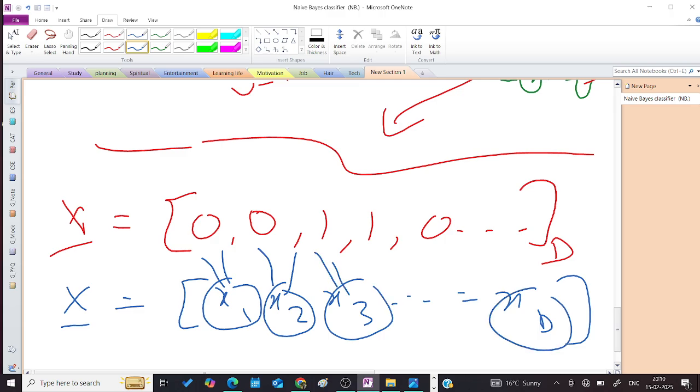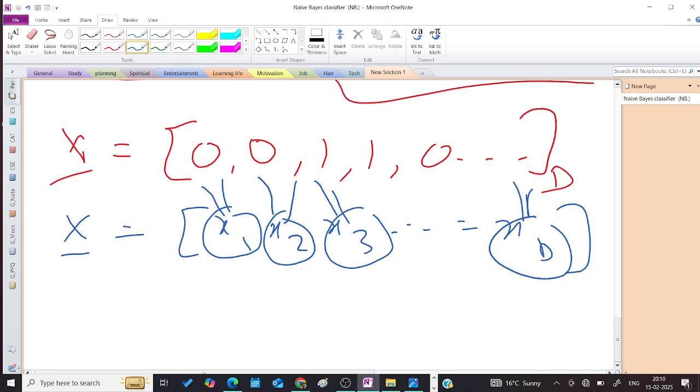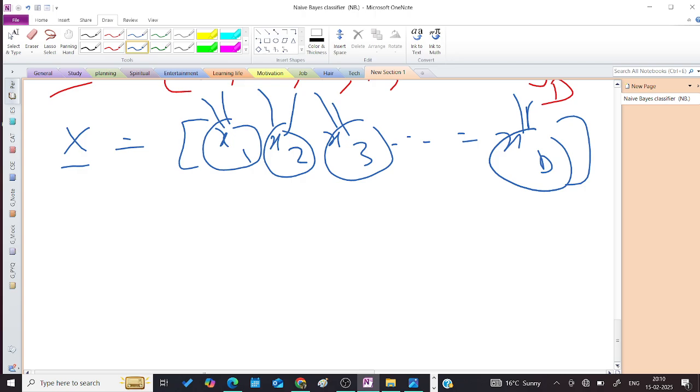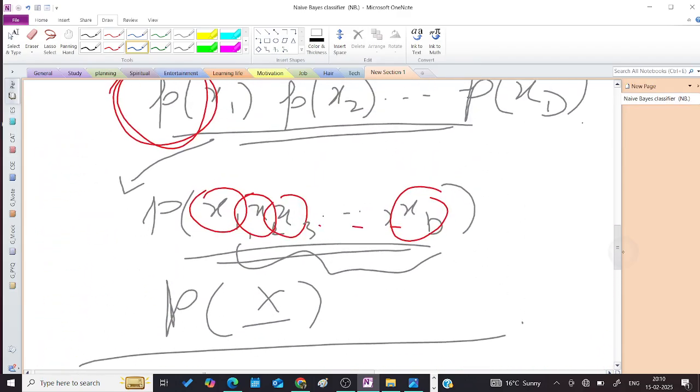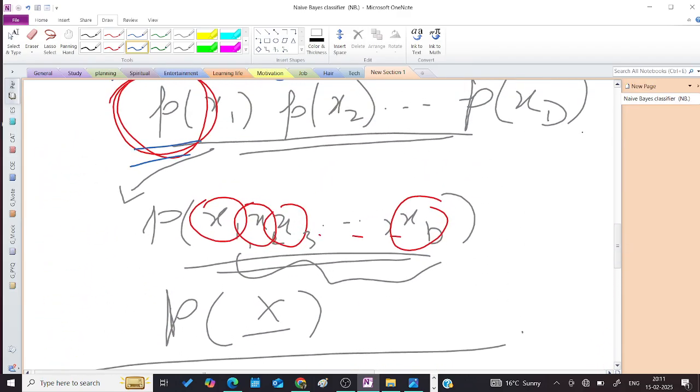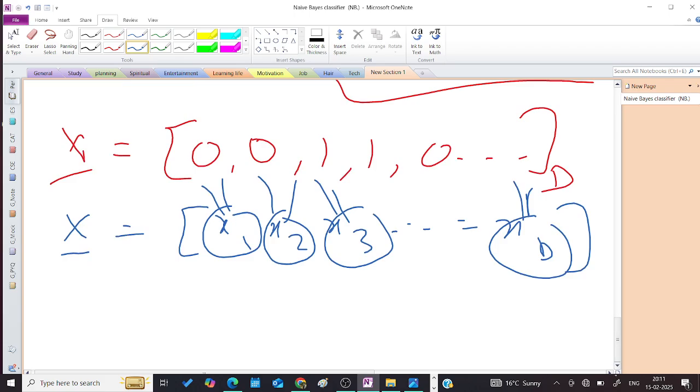Okay, so if this is the case, then we can represent the probability using a Bernoulli, right?